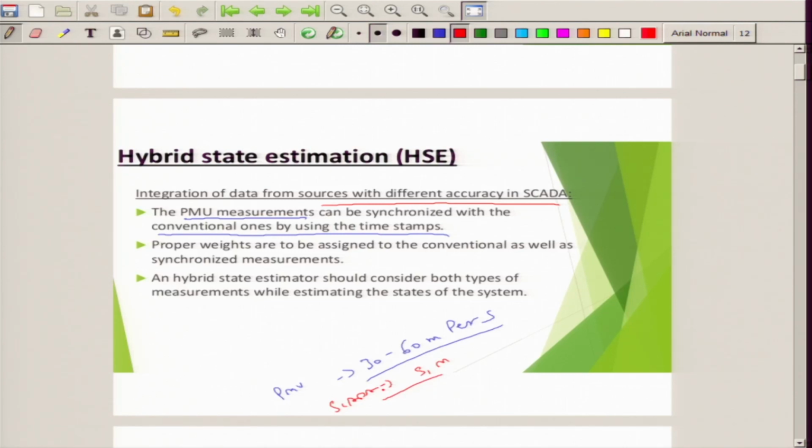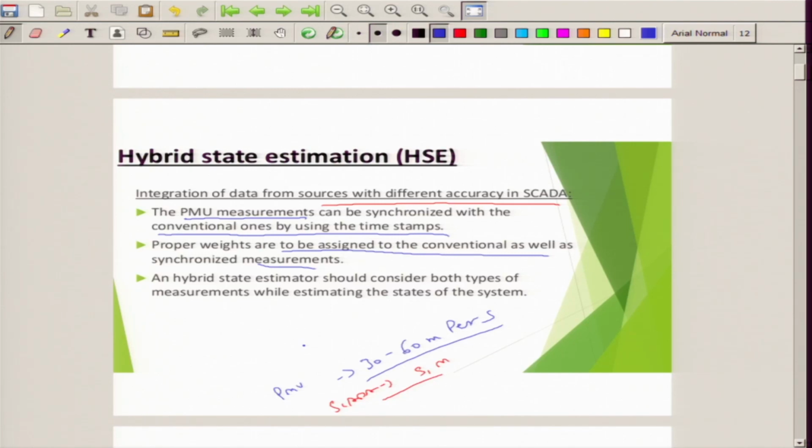So at one side you may have a conventional set of data collected using SCADA based measurement devices, and you may also install some PMUs, which give you timestamp data. Now how do you synchronize both of them, so that you have a proper estimation technique? Proper weights are to be assigned to the conventional as well as synchronized measurements, because the weight of each measurement is different.